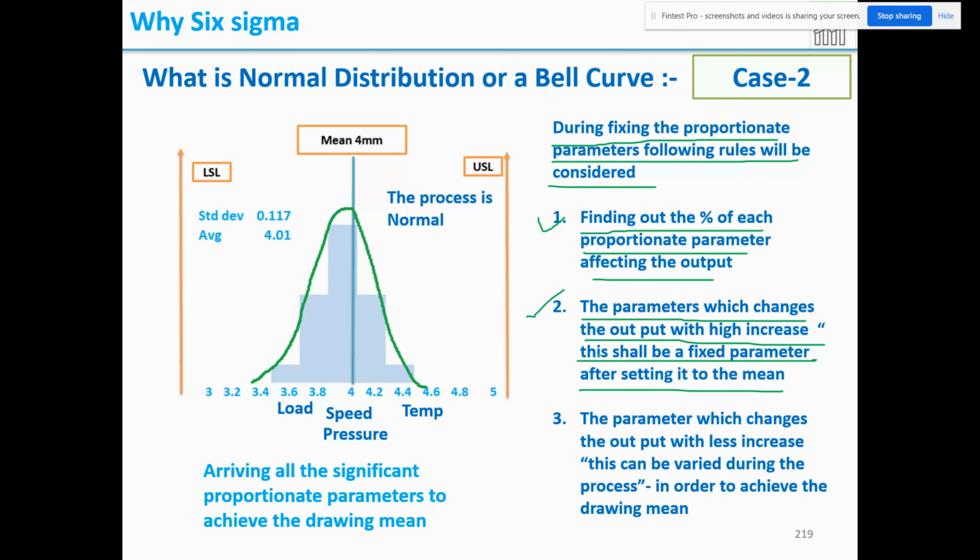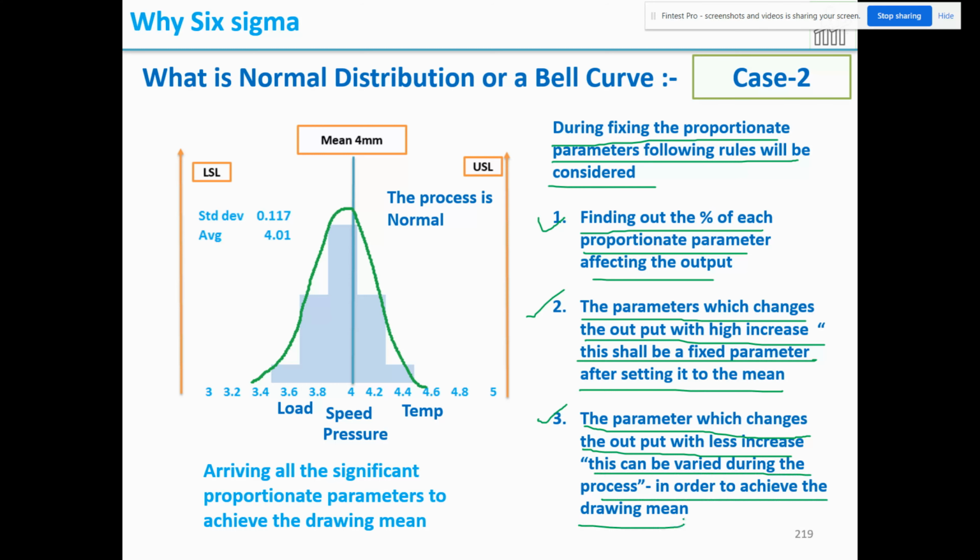That means once you find out the proportionality, we need to fix it at the level where it creates the mean. After that, the parameter which changes the output with a less increase can be varied during the process in order to achieve the drawing mean.